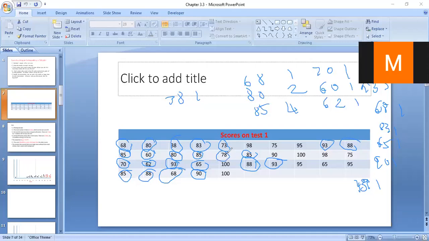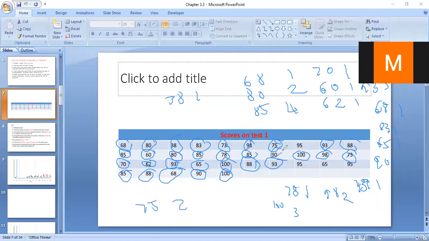And 78, we have 1. And 100, we have 1, 2, 3. And 98, we have 2. And 75, we have 2.